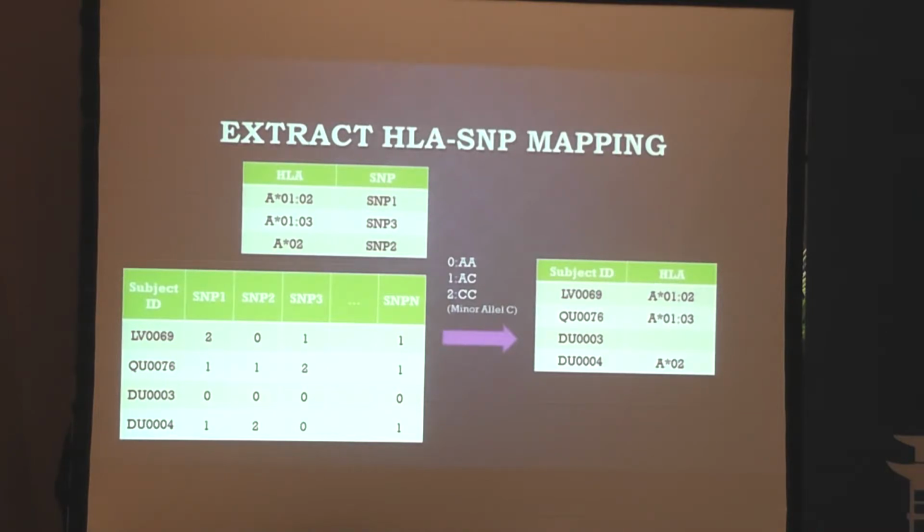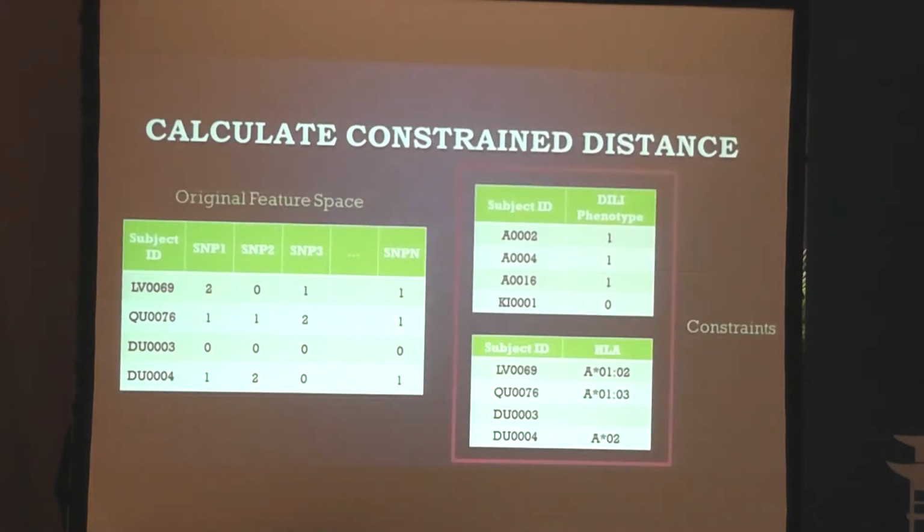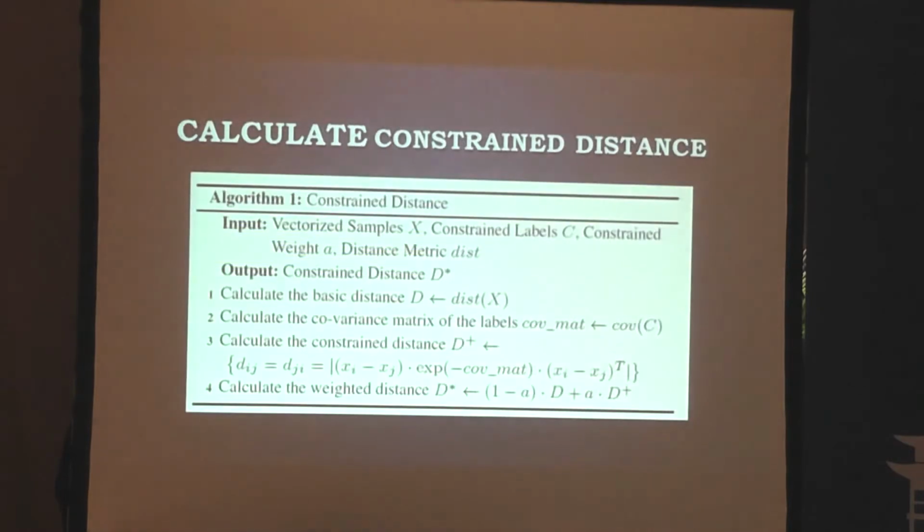Then we combine these 2 data together to conduct our experiments. So we have the original feature space as the genotype data, and the phenotype and the HLA labels as constraints to conduct the clustering experiments. And this is the key and most important part of my clustering method.